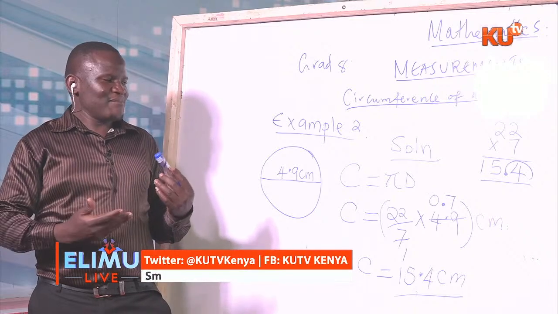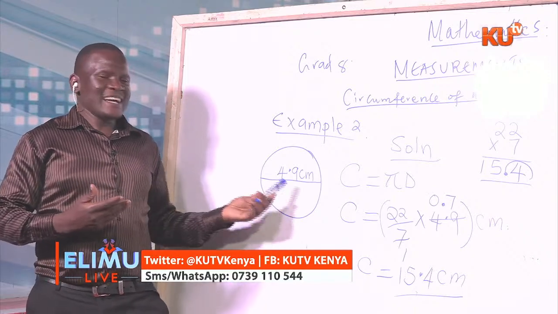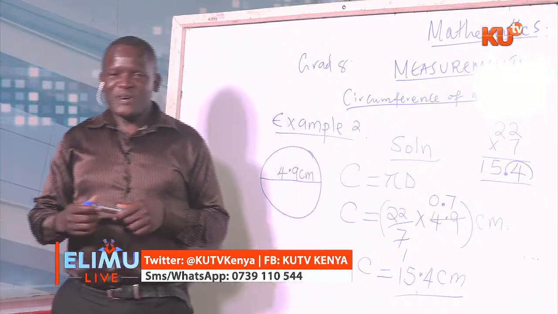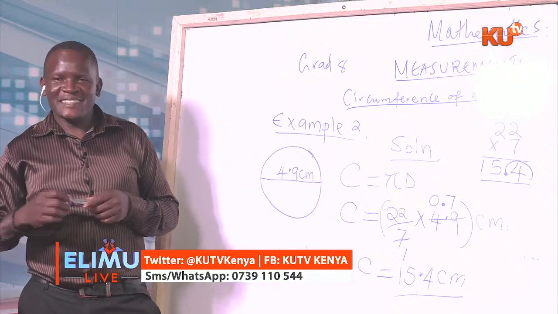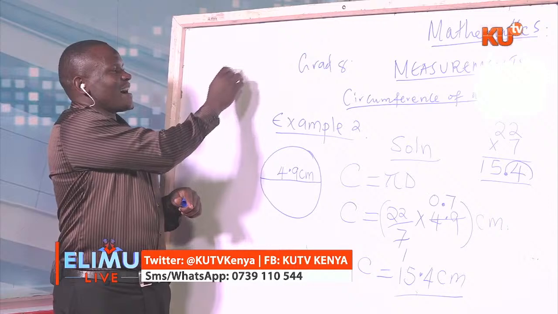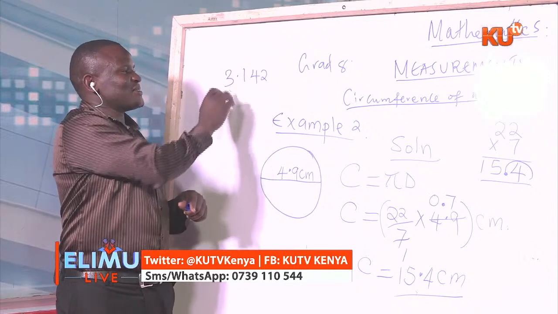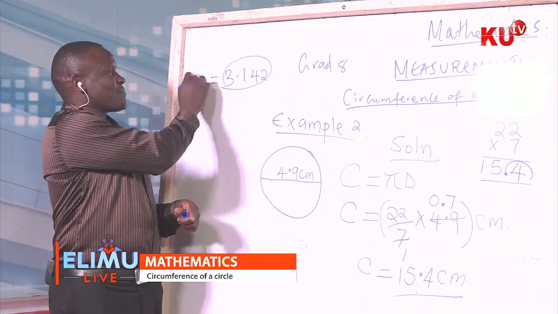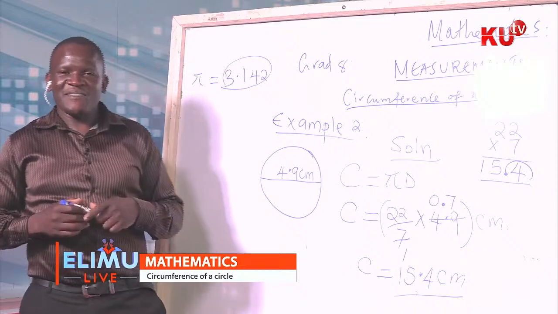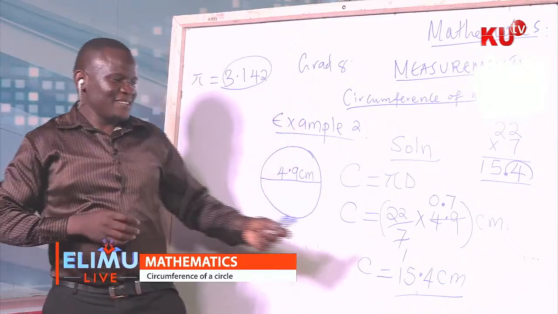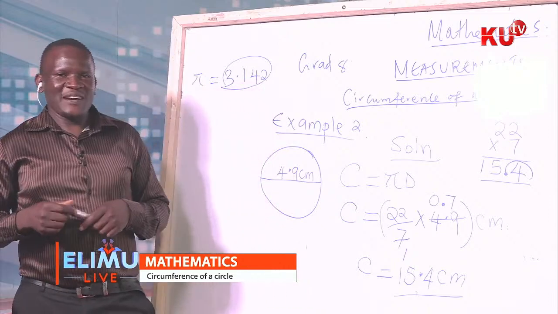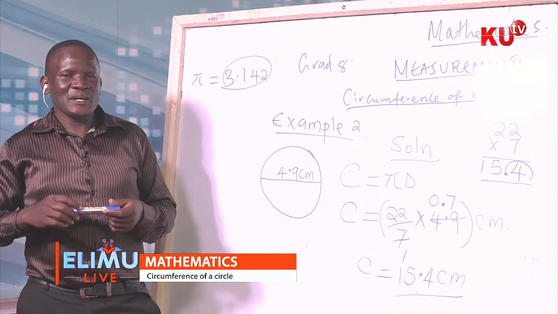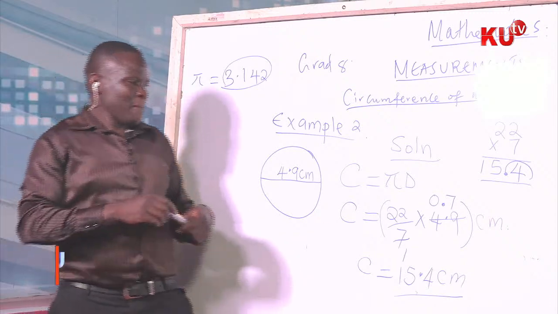And in some problems where the diameter is not divisible by 7, in some cases we are going to use pi as 3.142. When you come across a problem where the diameter is not divisible by 7, you are allowed to use 3.142. But in our case, we are going to use 22/7.